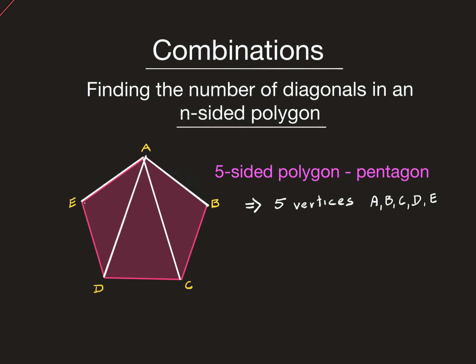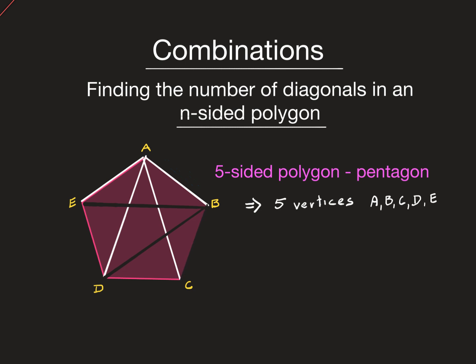Okay, now I'm going to start at vertex B and draw the lines. But if I start at B, I cannot draw a line to A because I've already drawn a line from A to B. But I can draw a line from B to E. And also I can draw a line from B to D. And yes, I can draw a line from B to C because there was no line there.